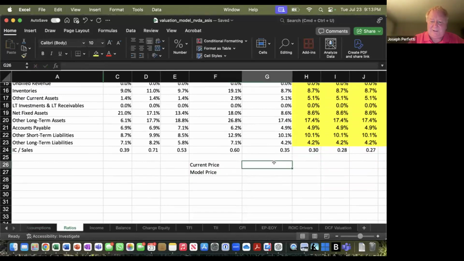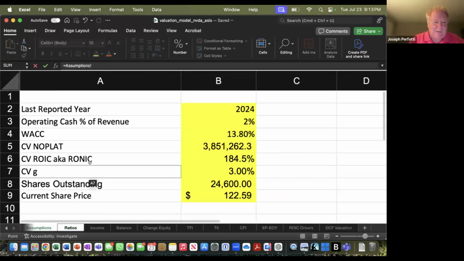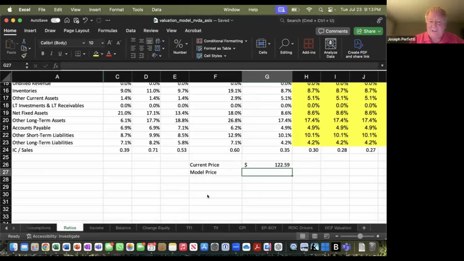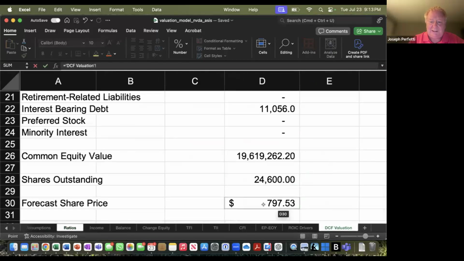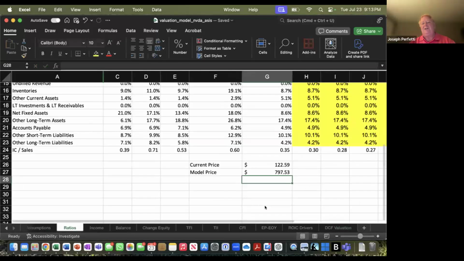Meaning from the assumptions equals B9, which is what I want to match, and the model is DCF valuation D30. So our goal in the as-is model is to match these two numbers. Whatever the current share price is, our model needs to reflect it. That's called an as-is valuation.